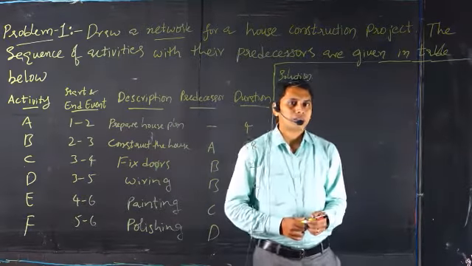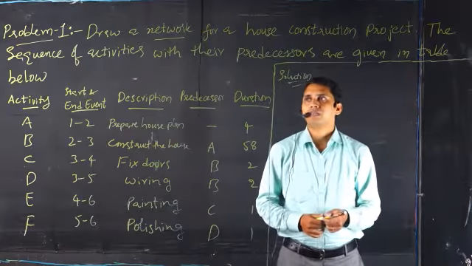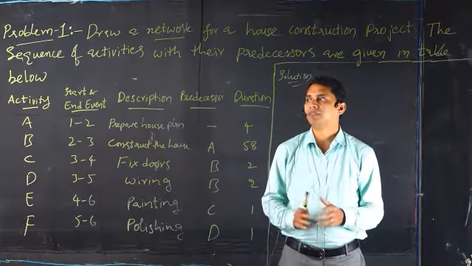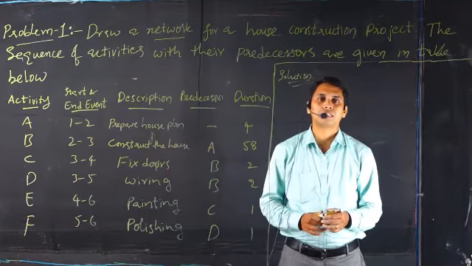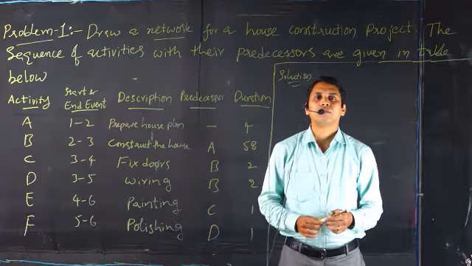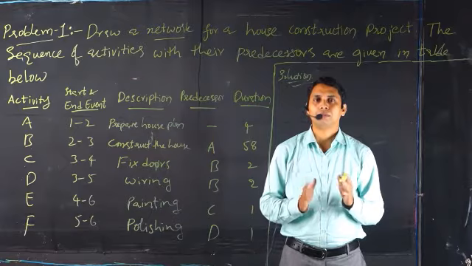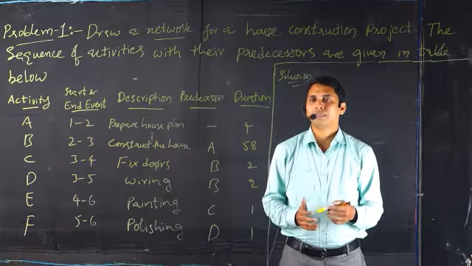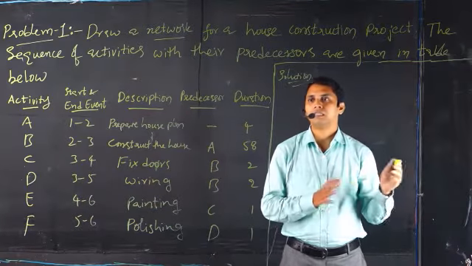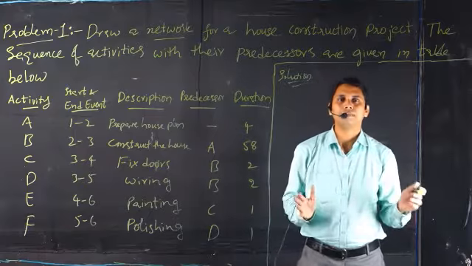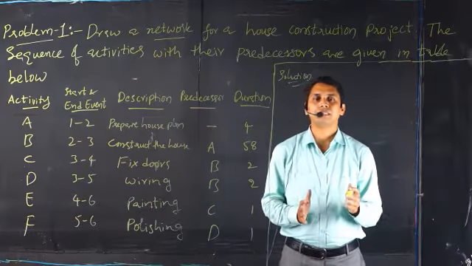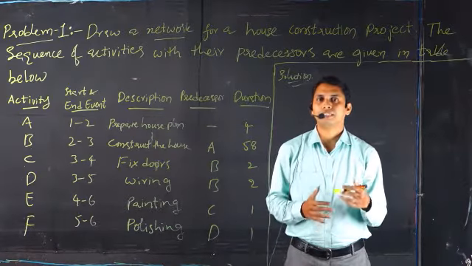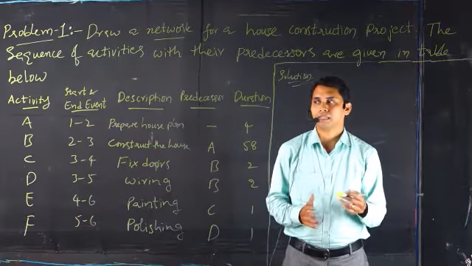A very important point when starting to draw a network diagram is understanding the things required for its construction. First, the network diagram must start with an initiating event and end with a closing event, that is, an ending event. And we have to give a sequential order of numbering to the different events in this network diagram.